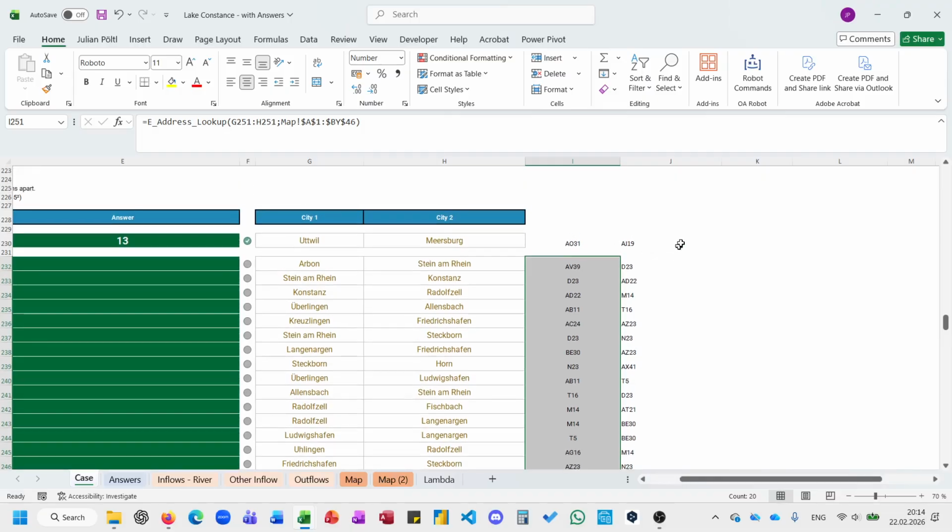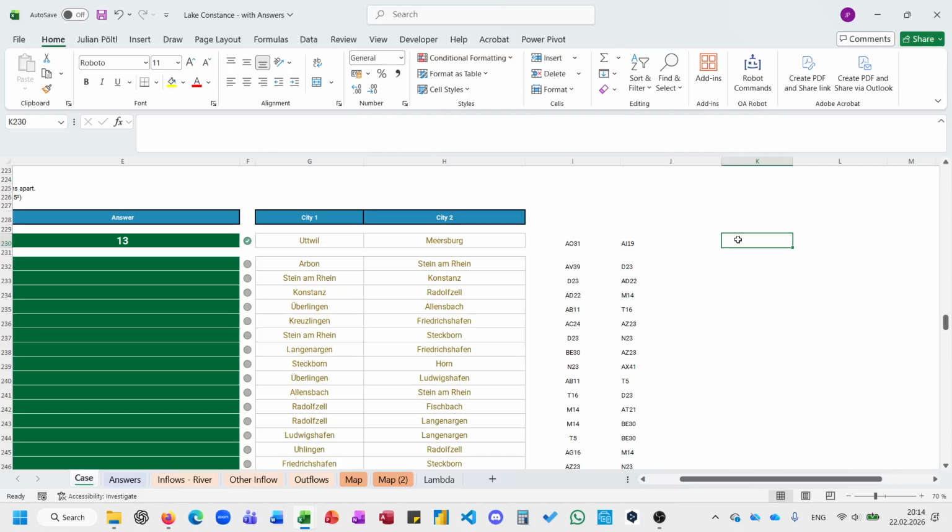And then the regular way would be to split those addresses into row and column number, and then make a square root of the difference of both row numbers squared, plus the difference of both column numbers squared. And this is then your result.